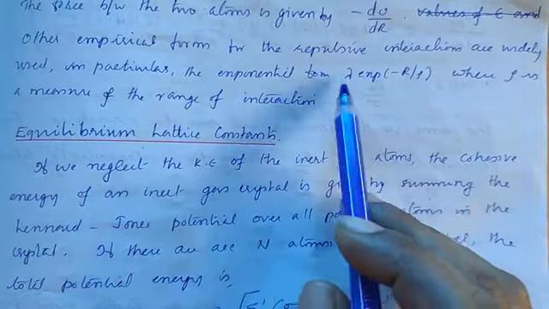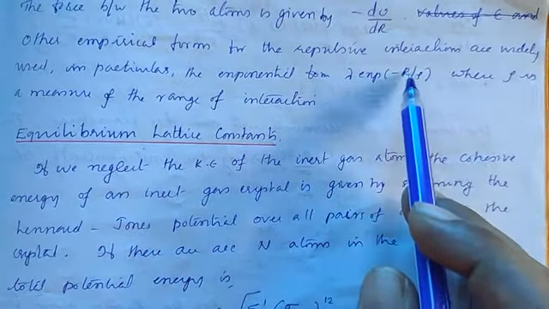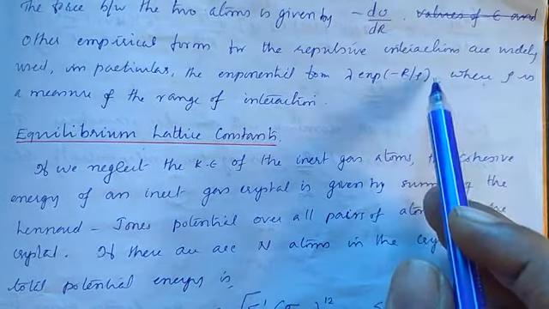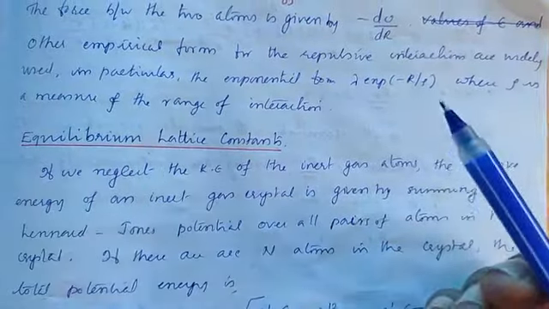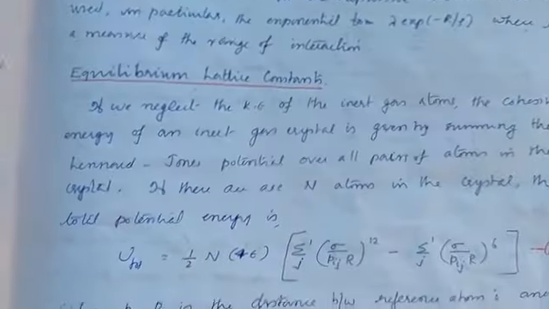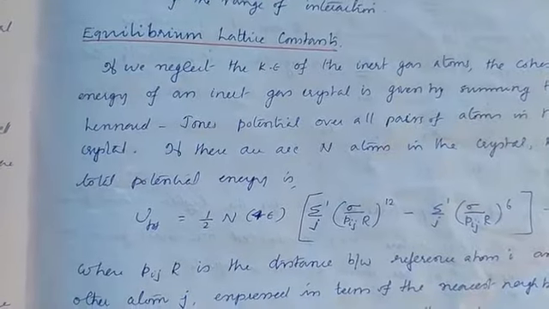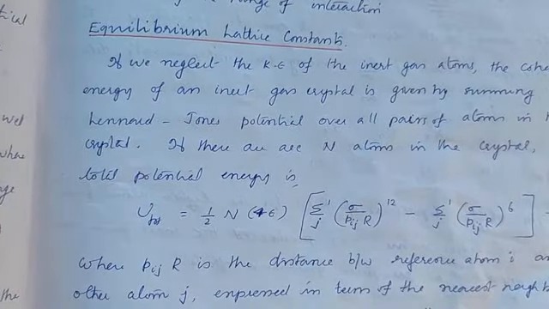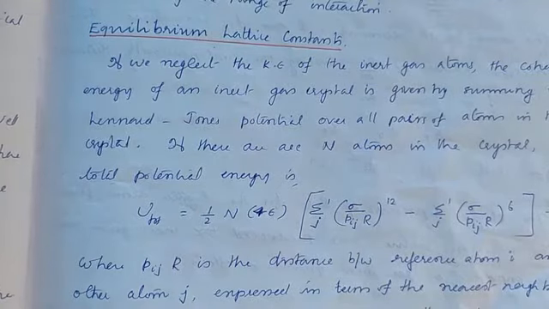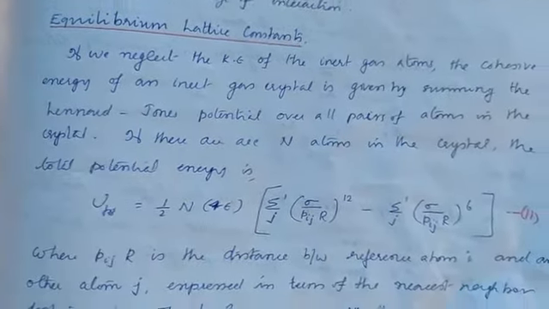In particular, the potential form lambda exponential of minus R by rho is used, where rho is a measure of the range of interaction. So other empirical forms are also used for this expression. Okay, so this is about the repulsive interaction energy in the inert gas systems.